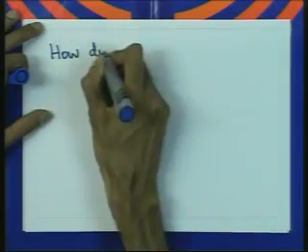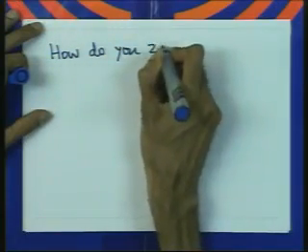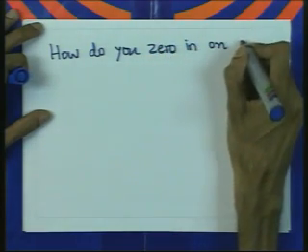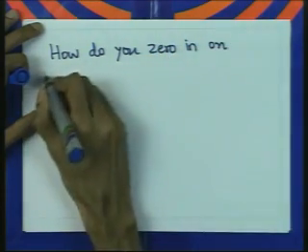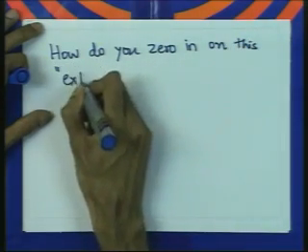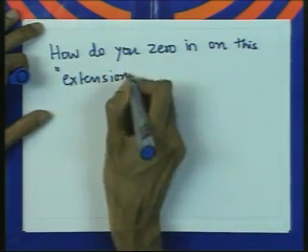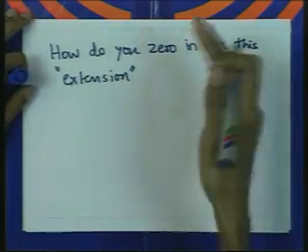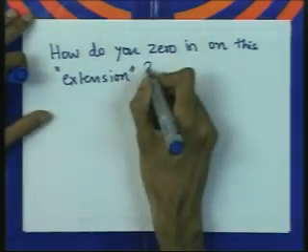So the question is, how do you zero in on this extension, the extension of the optimum solution that you are building?